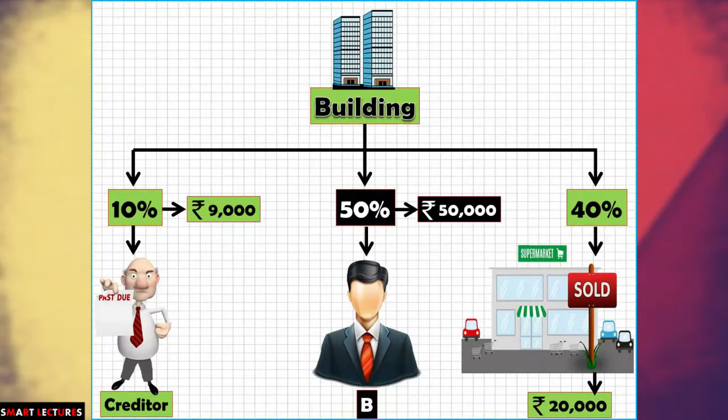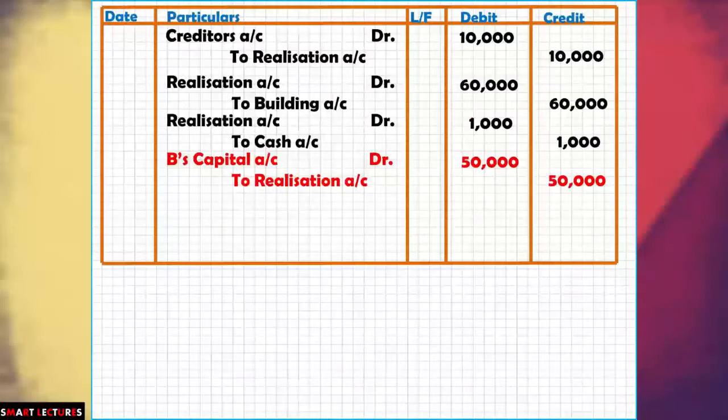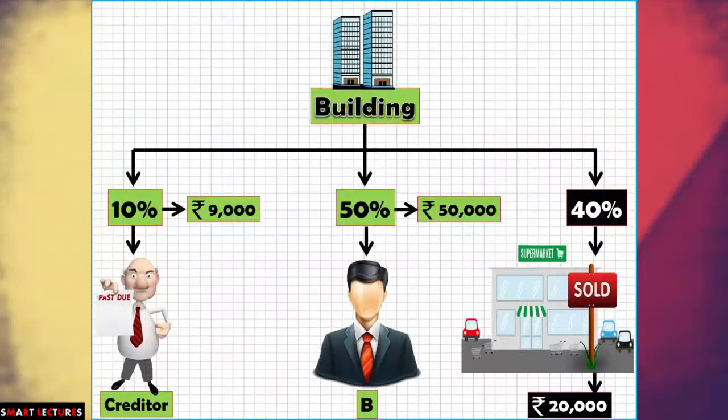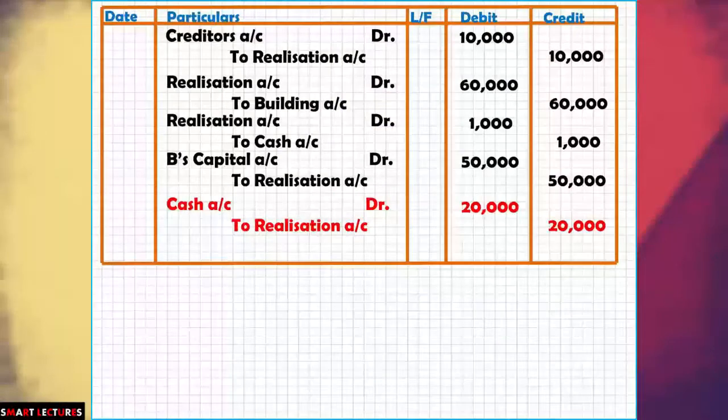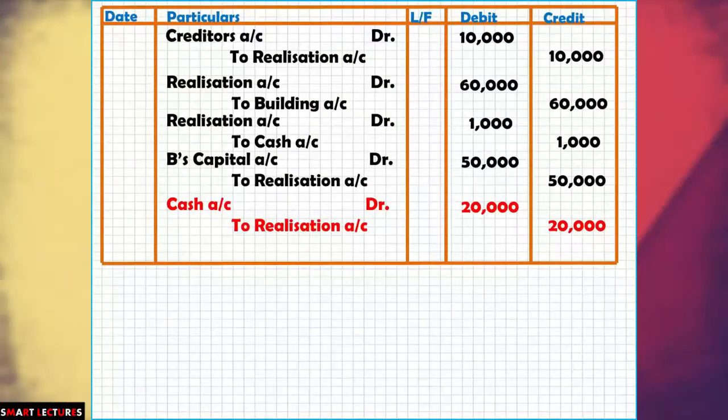Now, second part of 50% was taken by B at rupees 50,000. So journal entry will be B's capital account debit to realization account rupees 50,000. Then 40%, the third part, was sold for rupees 20,000 and the journal entry will be cash account debit to realization account rupees 20,000.